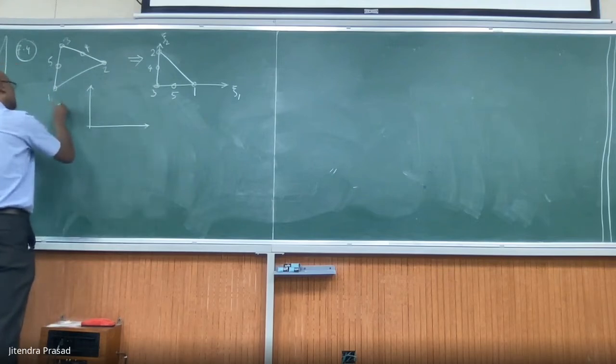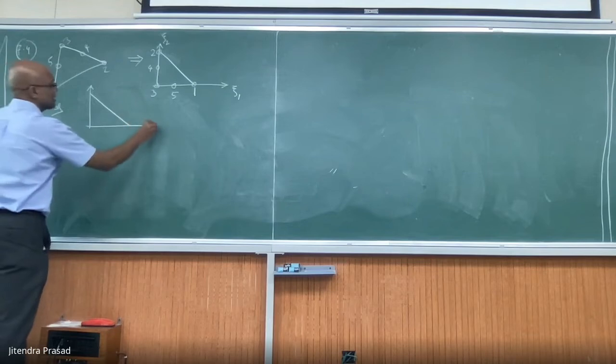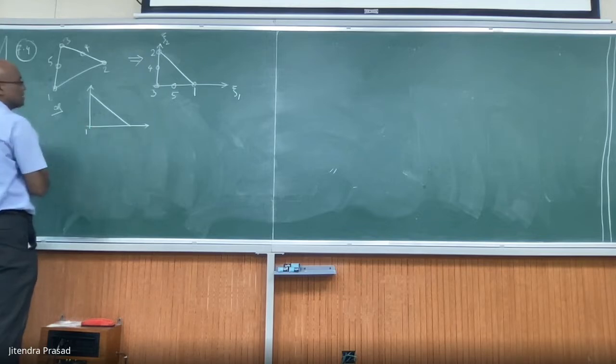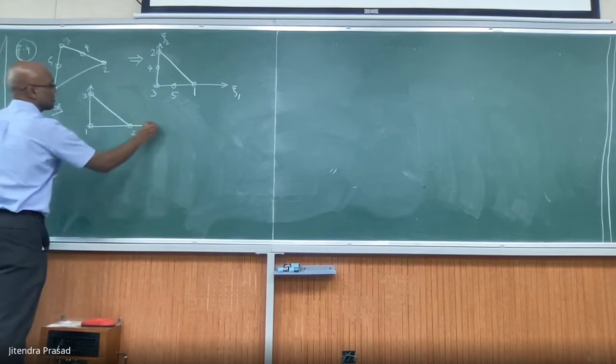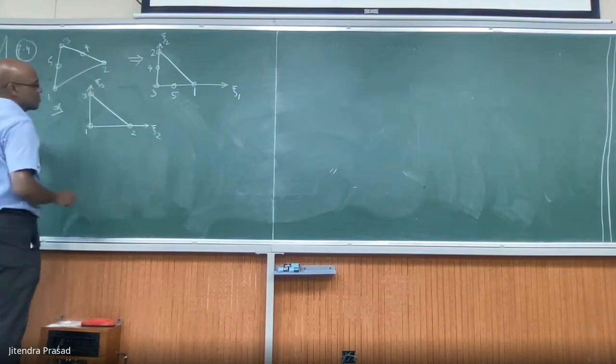So we can construct it so that this becomes number 1. Number 1 is like this. Then we have number 3 here, and then we have number 2 here. So this is xi2, this is xi3.